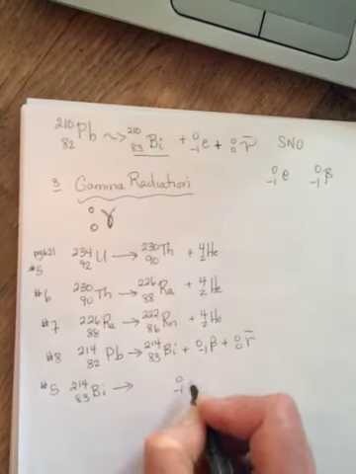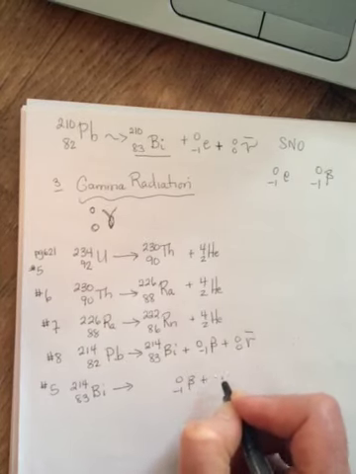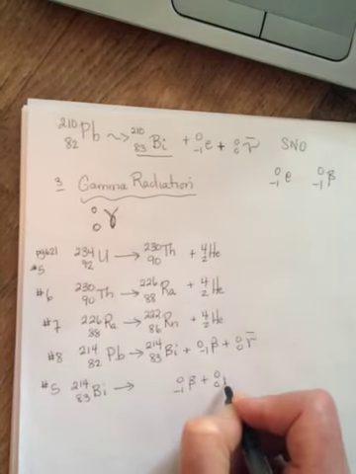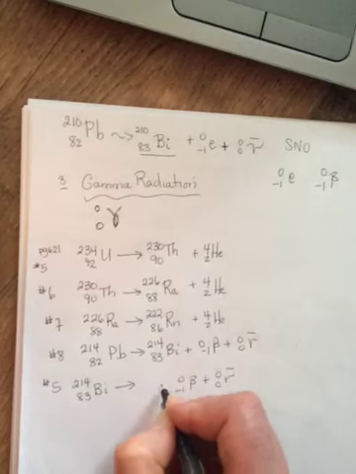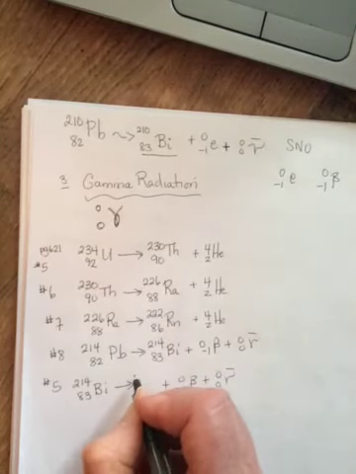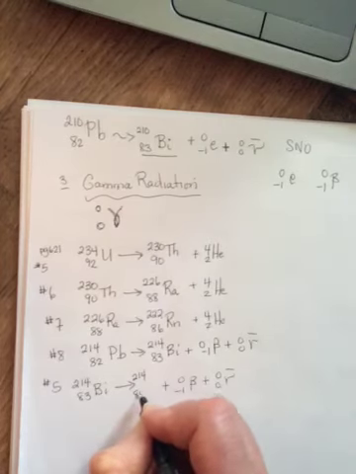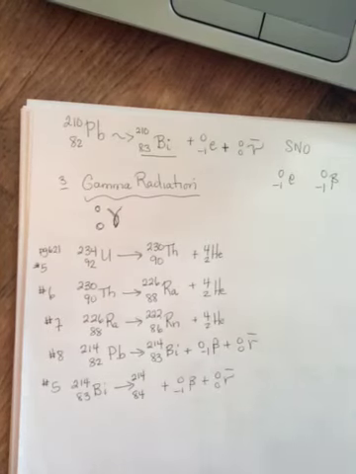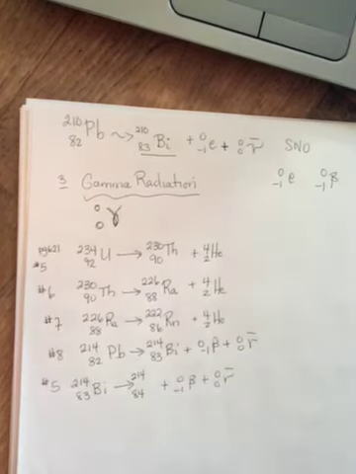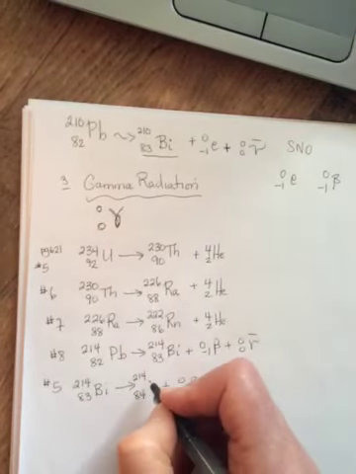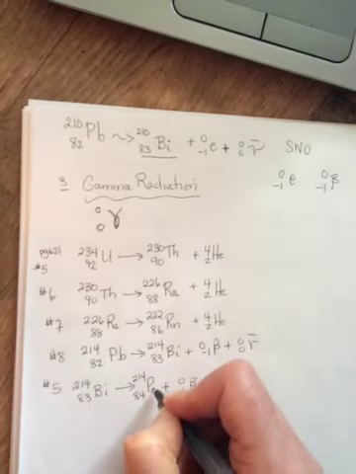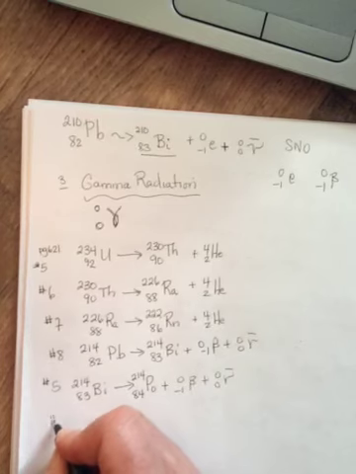So 0, -1, either beta or an electron, they're the same thing. And then what number must be on the top? It must be a 214. What number must be on the bottom? It must be 84, so that when you add the -1 to it, you will get 83, and when you look in the periodic table, that's polonium.